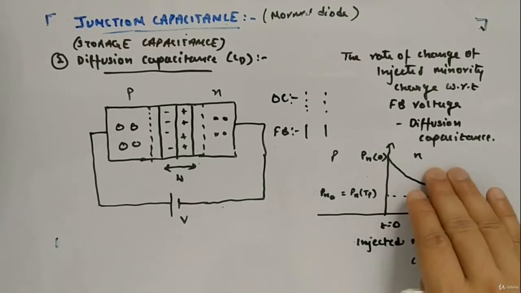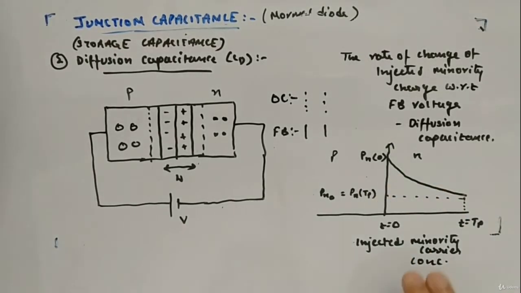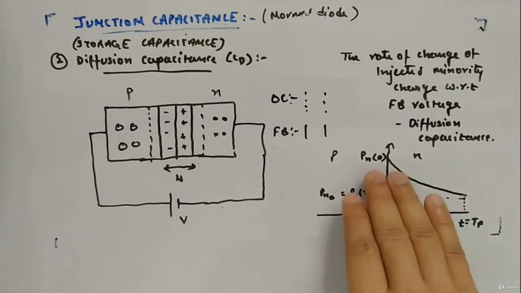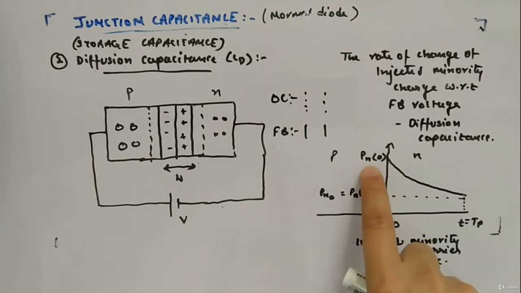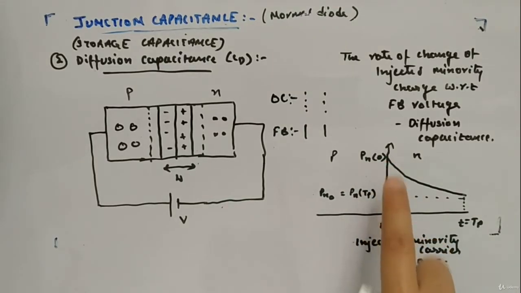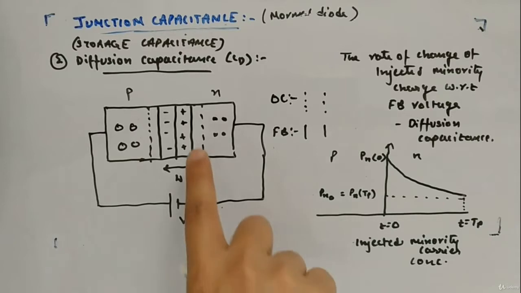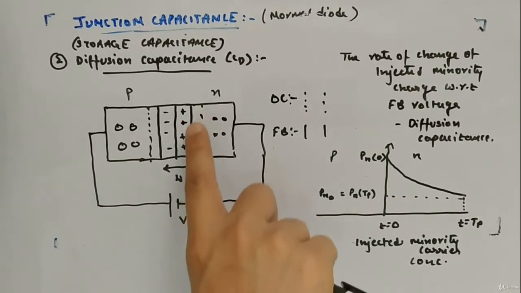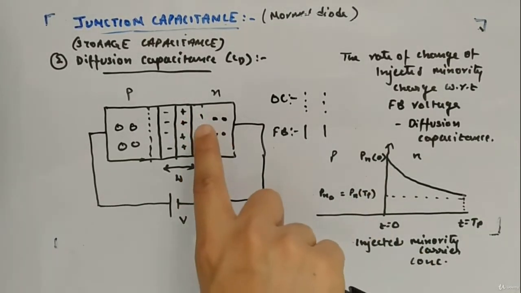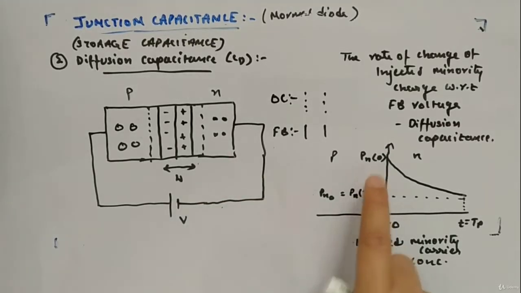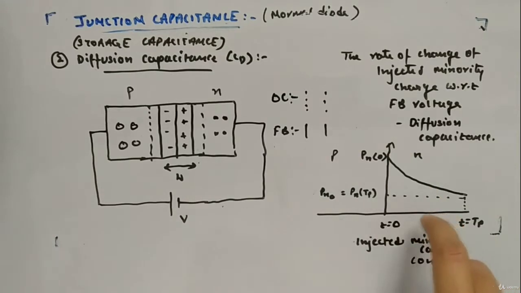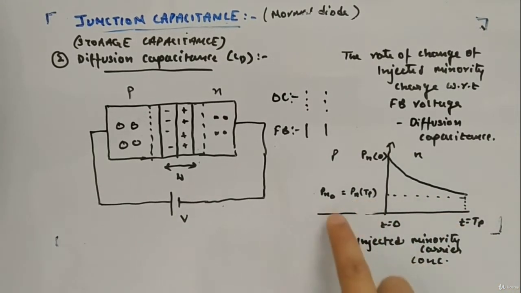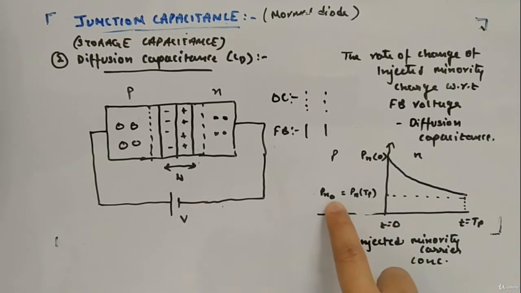If you see the N side and P side, at t equal to 0 you have Pn0, the minority carrier concentration in the N side, and at time t equal to Tp you have a lower concentration, which is Pn(Tp), or also represented as Pn subscript n0.